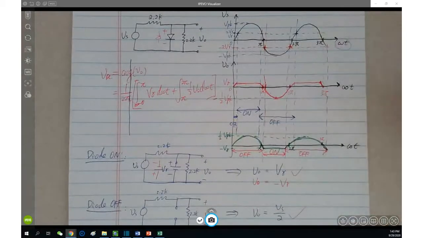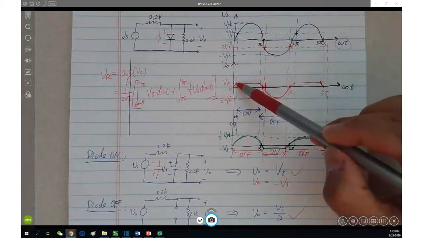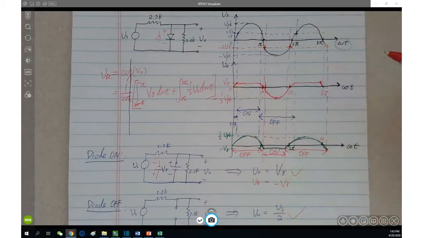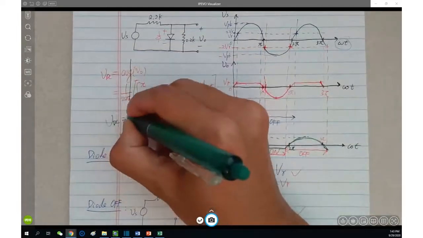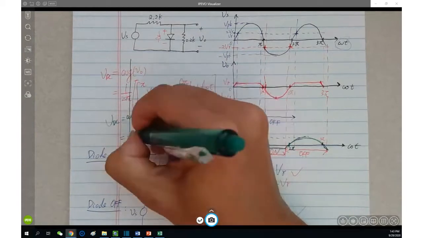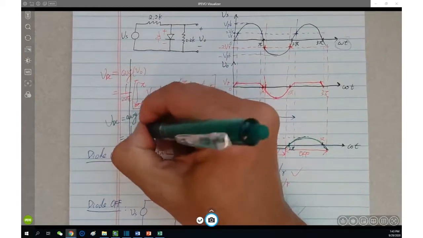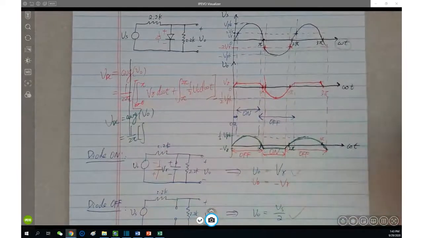Let's go approximately, since we are not looking for an exact point here, because this shouldn't be 0 here, but roughly, it's okay. Does it make sense, this equation? Yep. All right. And the green one equals what? V naught equals, also over the 2 pi cycle, from 0 to pi, what?